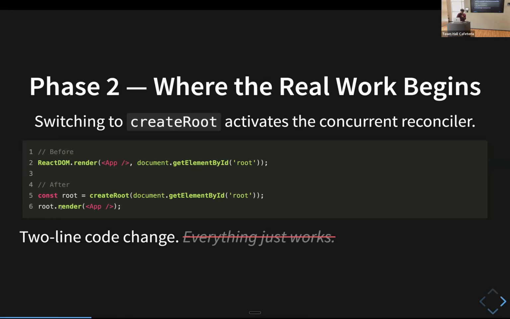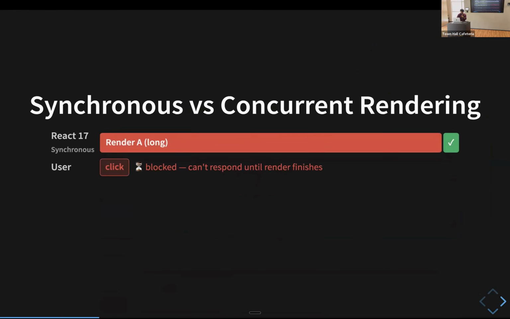With this two-line change, you would expect things to work seamlessly, but that doesn't happen. A lot of things do break. And why is that? Let's understand concurrency a bit more. In React 17, or even React 18 with the legacy root, if rendering is going on and a user clicks a button or types in some input, the rendering doesn't get interrupted.